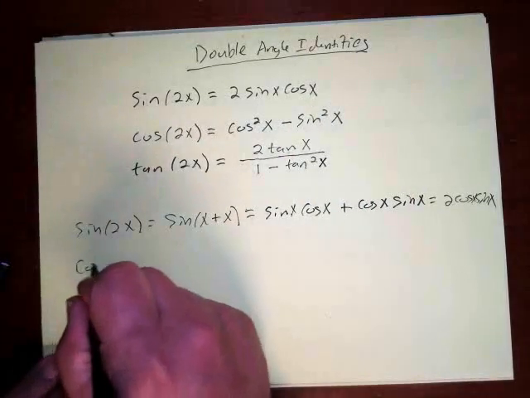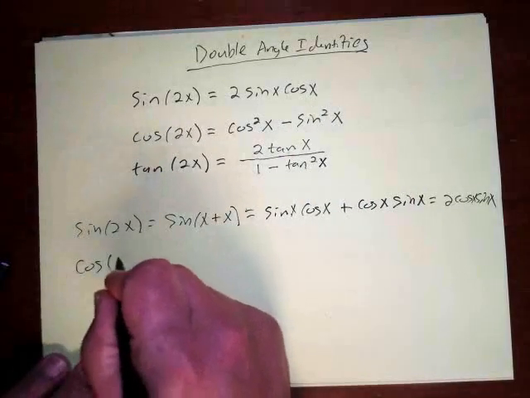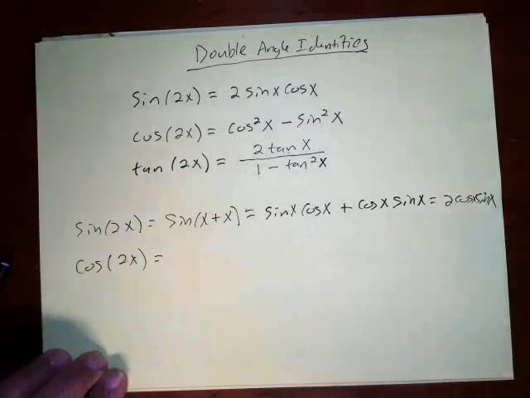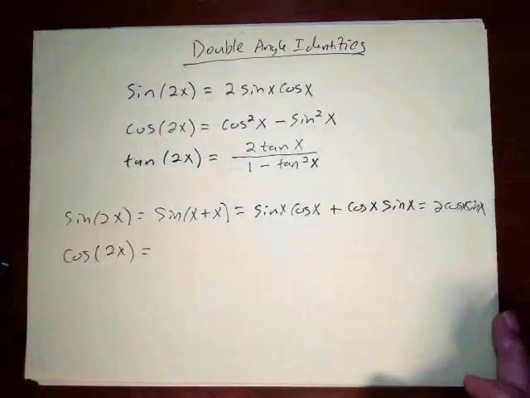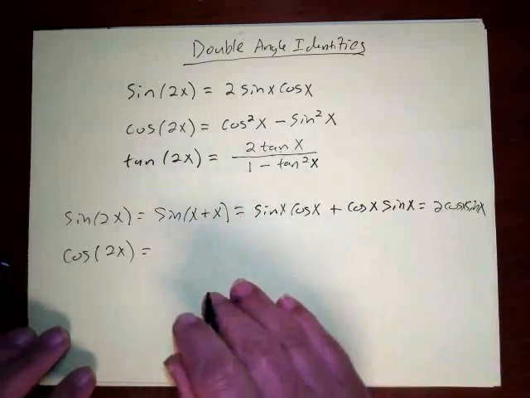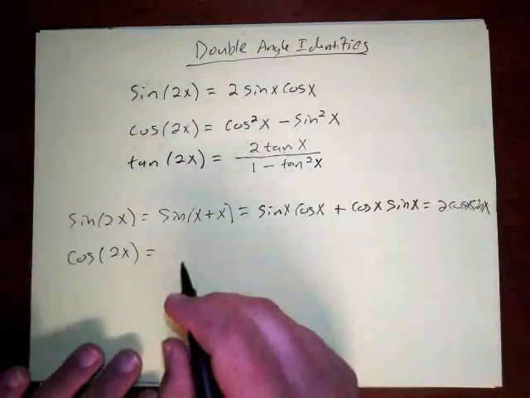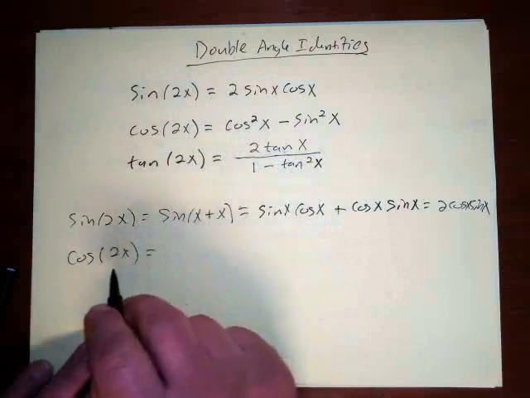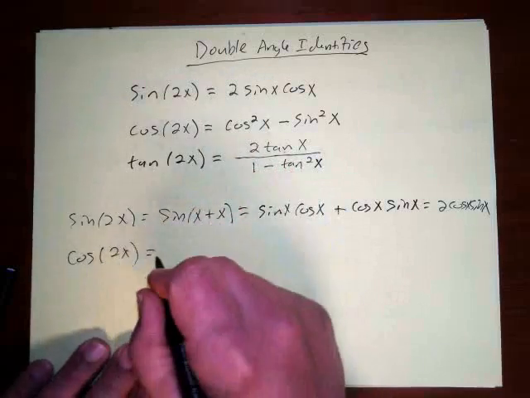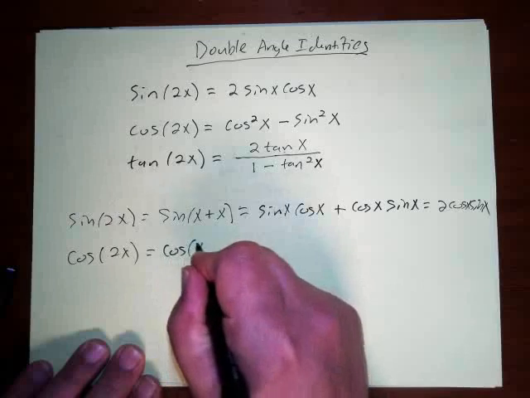Very similar here, cosine of 2x. Why don't you pause the video and see if you can get this? Okay, let's see how you did here. So using the sum difference identity for this, they're both the same.